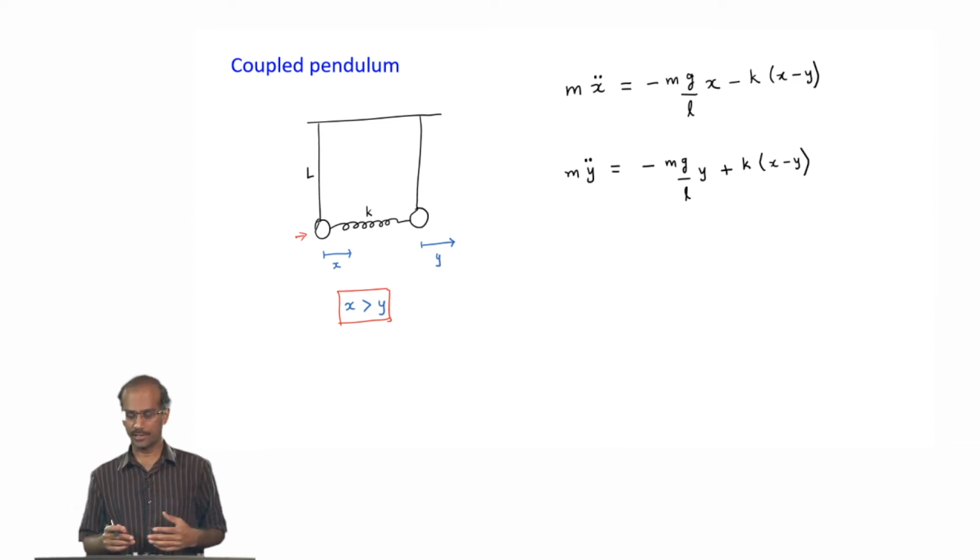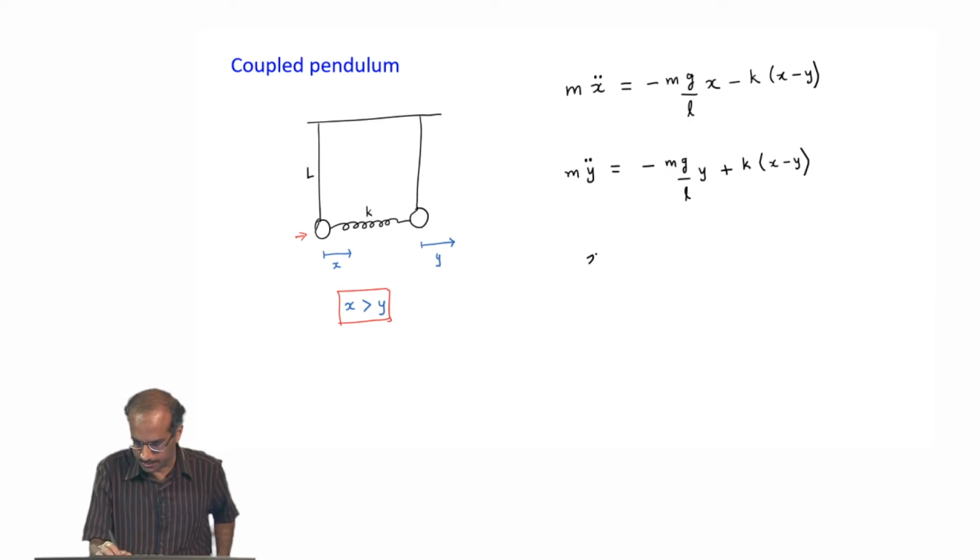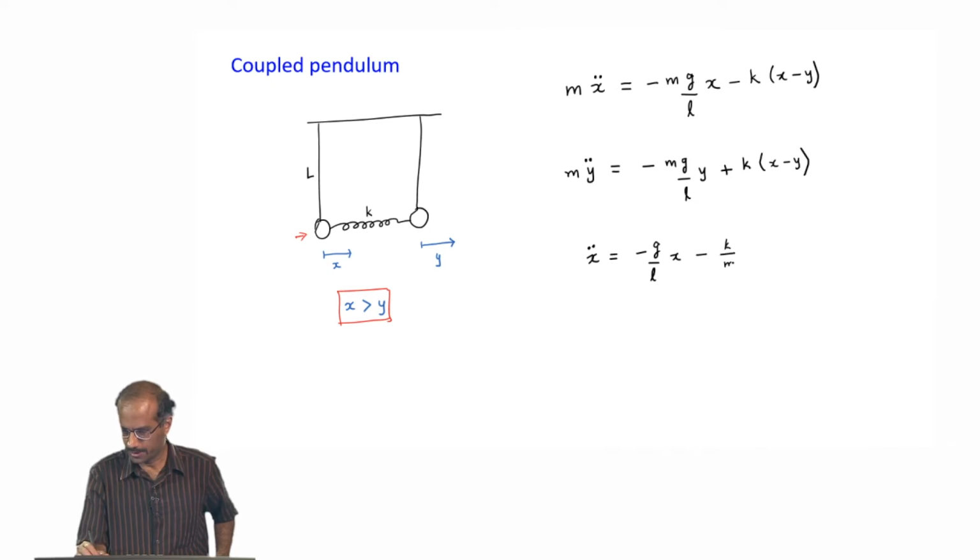To begin with, let me rewrite these equations slightly differently. I will write x double dot is equal to minus g by L times x minus k by m times (x minus y), and y double dot is equal to minus g by L times y plus k by m times (x minus y).